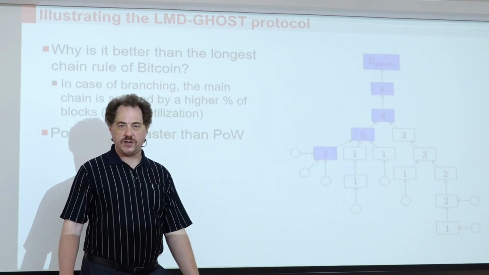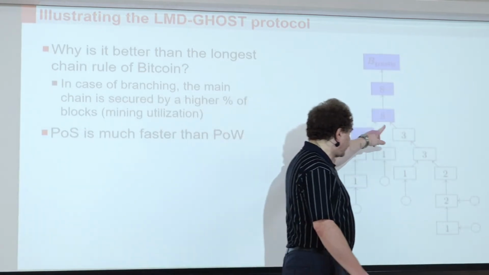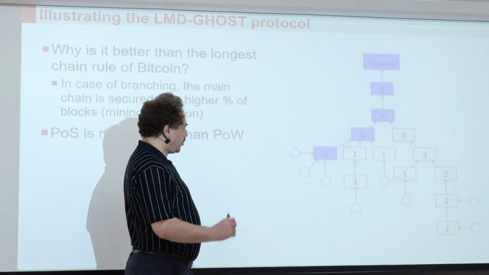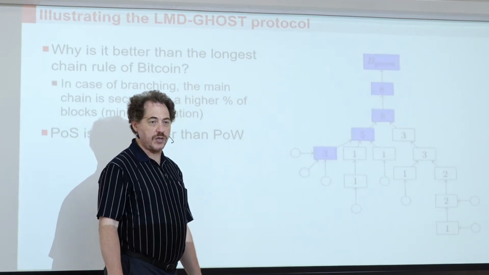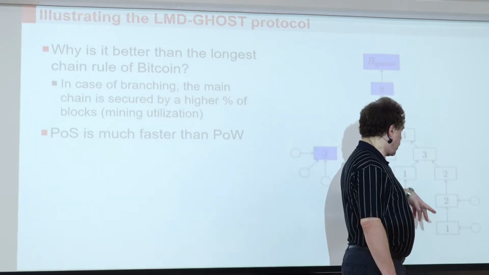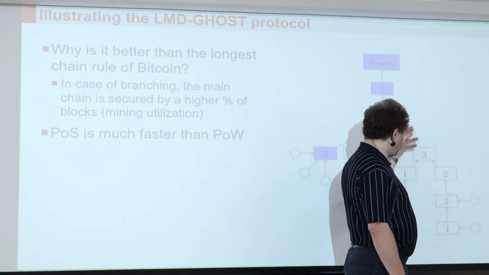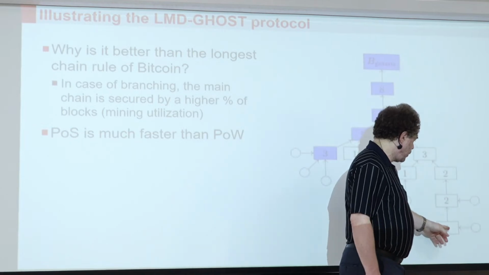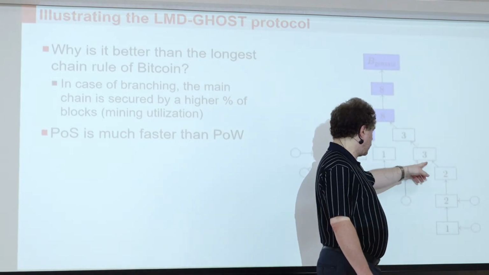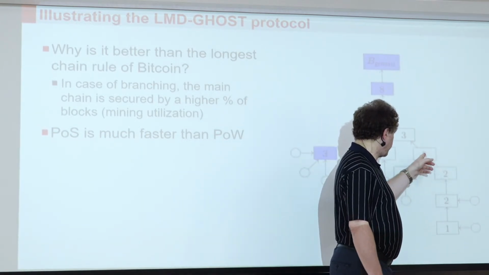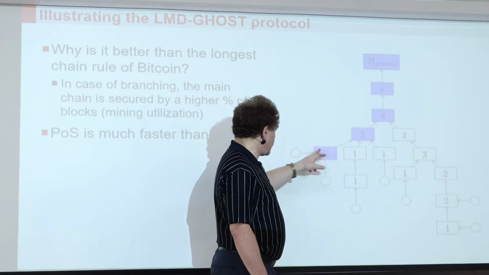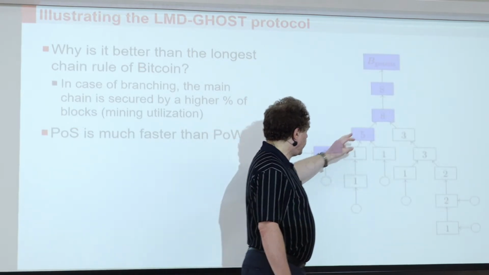Okay, so how do we select the winning branch? The longest branch is clearly this one, right? It's not the winning branch. So in order to select the winning branch, we compute the amount of blocks under a given branch. So the amount of blocks, also the amount of transactions. So here it's 1. This one combines with 2, 1 plus 2, 3. Still 3. Here we have 3, because there are 3 transactions here. Here we have 5.